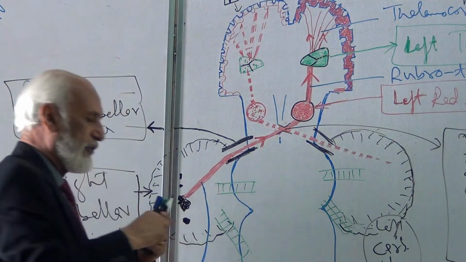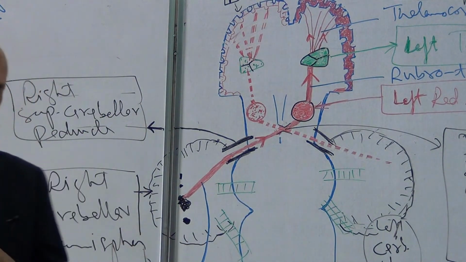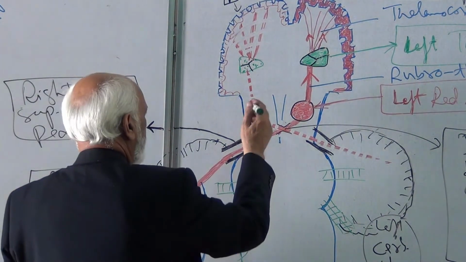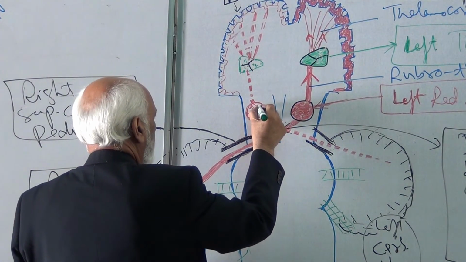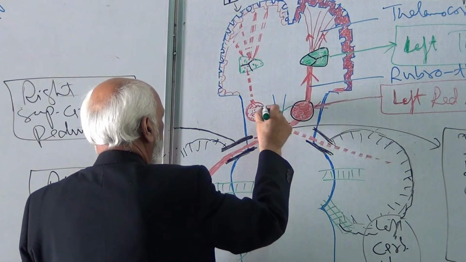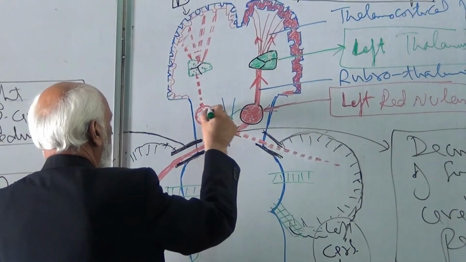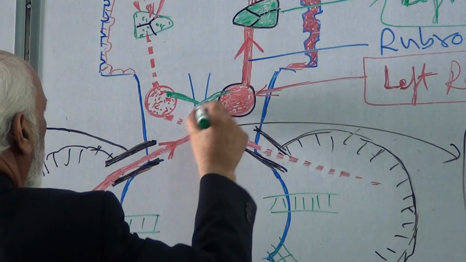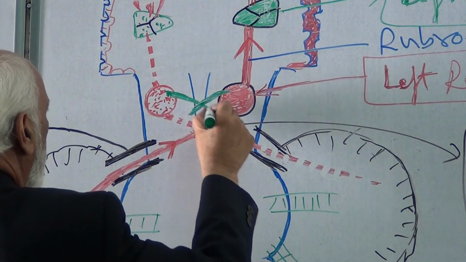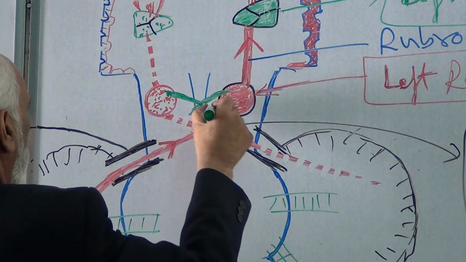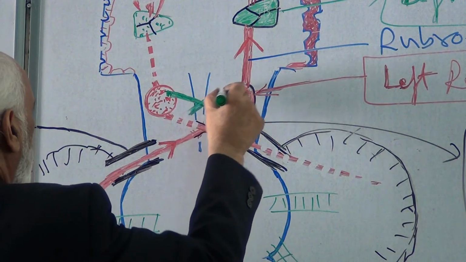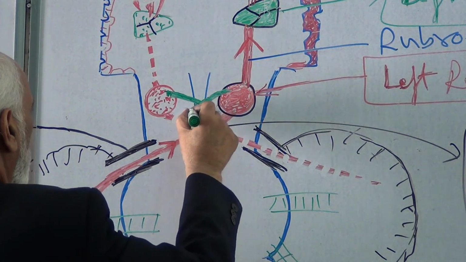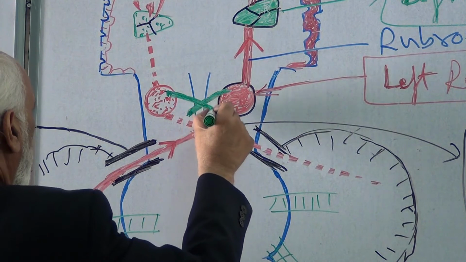Now, efferent fibers arise from the red nucleus, and these efferent fibers from the right and left red nucleus also cross in the upper part of the midbrain between the two red nuclei.